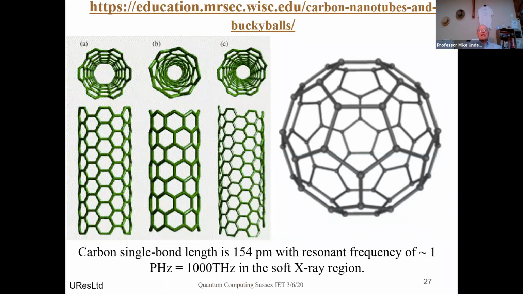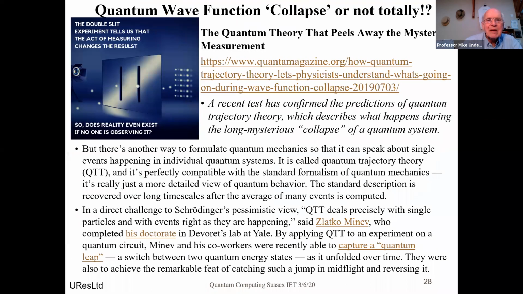So maybe we need to push the frequency beyond the optical region into this soft X-ray region to be able to make full use of this kind of computer. Or does it? Could there be some much lower frequency modes which we could use? Anyway, mere speculation, but there are other possibilities which may well appear on the horizon.